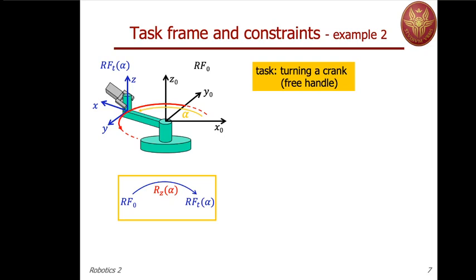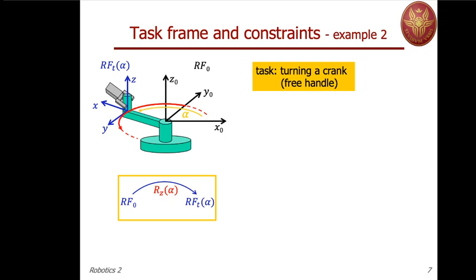And this is fixed. Now, where should we put the task frame RFT? Well, as we said, it's at the end effector level and should be oriented in such a way that along and around each of its axes, so x, y, and z are the axes of the task frame. Again, I discarded a subscript t, for compactness.